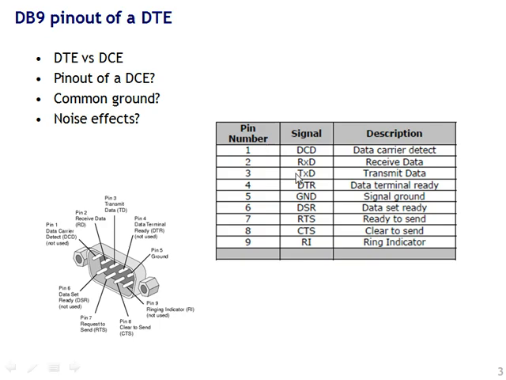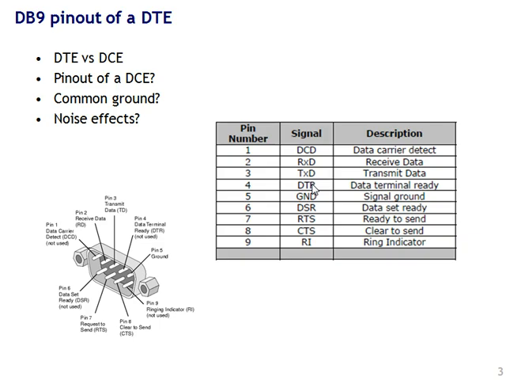You can have receive and transmit data, RxD and TxD, data terminal ready. That's a hardware line. Data set ready, request to send and clear to send, and RI for ring indicate. Ring indicate will be flashing if somebody's ringing the phone, so you can tell the computer when the phone's ringing. Hardware handshaking is in general done with these very low data rate lines that are asserted high or low.